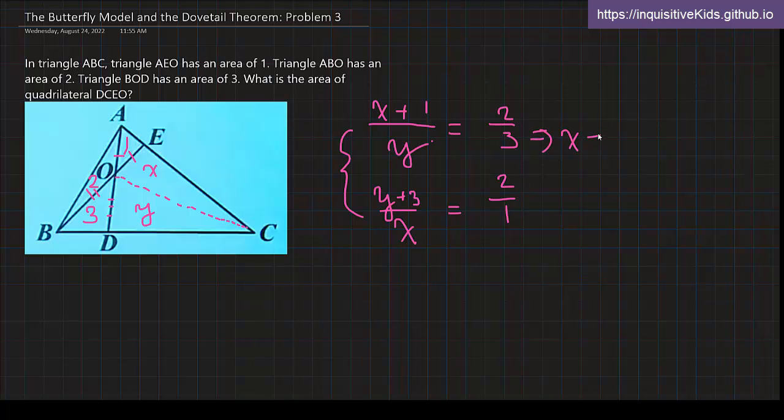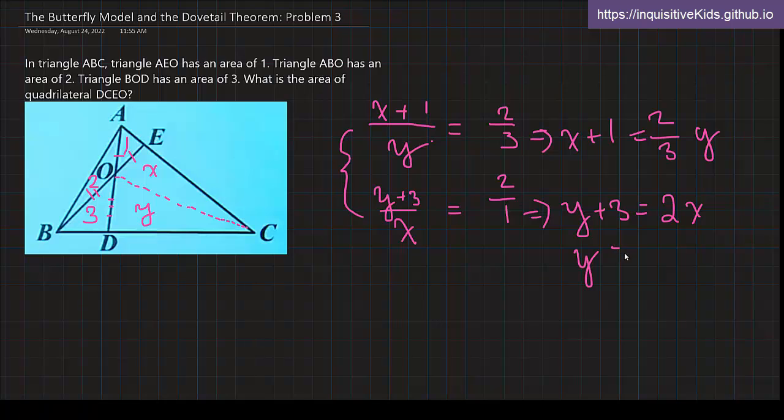So first we multiply the top equation by y on both sides. So x plus 1 is equal to 2/3 of y. And the second equation is turned into y plus 3 is equal to 2x. So here we can think of y as equal to 2x minus 3.